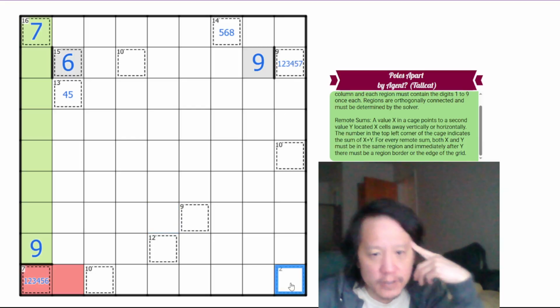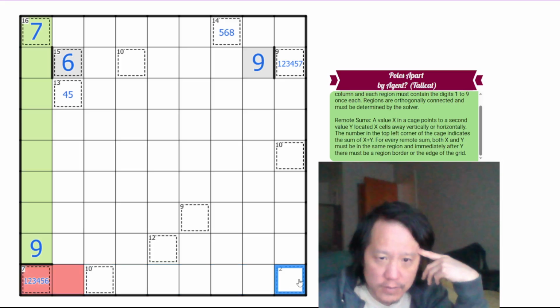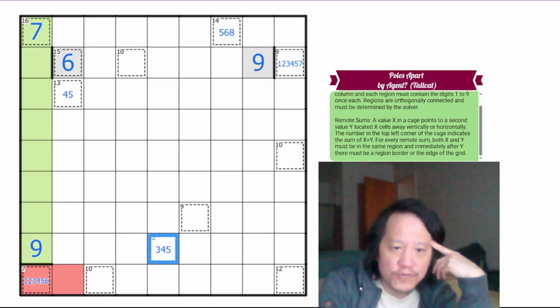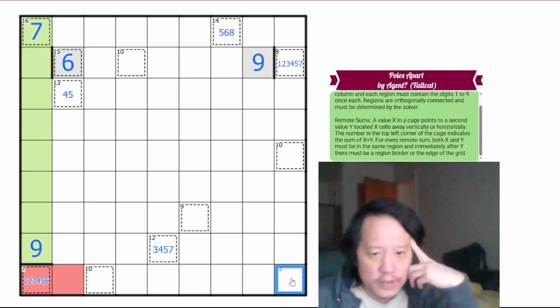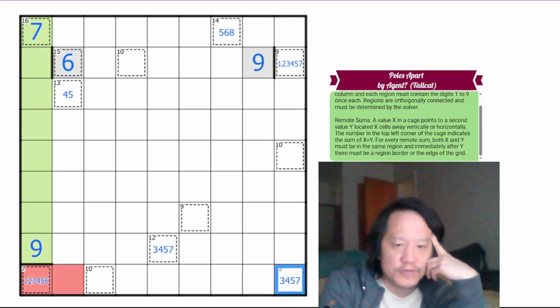This can be 8 away. Okay, so what can this be? 1, 2, 3, 4, 5. So 1, 2, 3, 4, 5, 6, 7 at most. So 3, 4, 5, or 7. This could be up to 8. So 3, 4, 5, 7, 8.